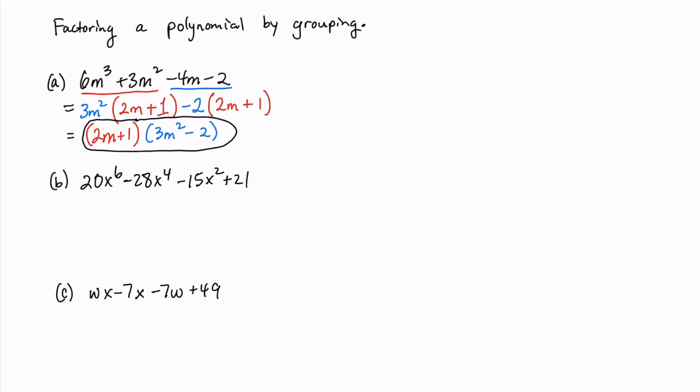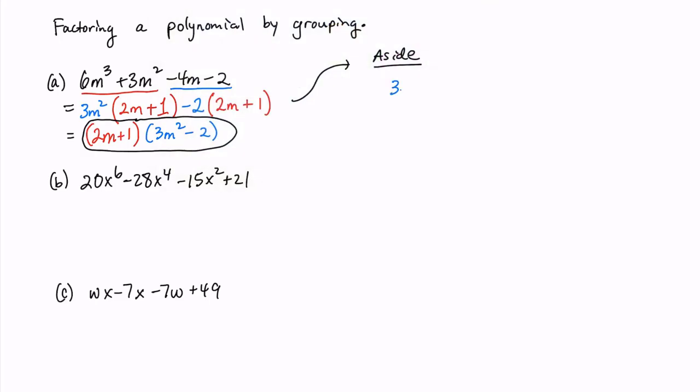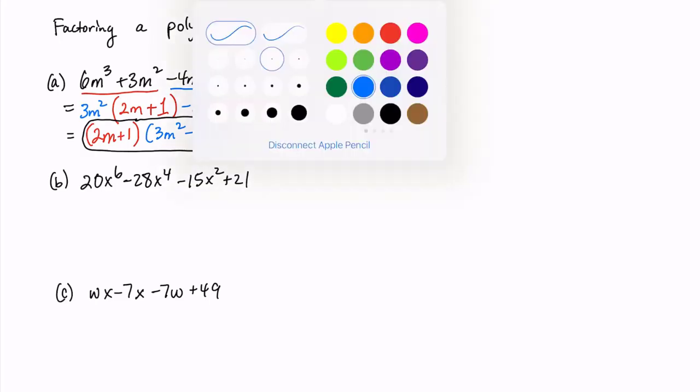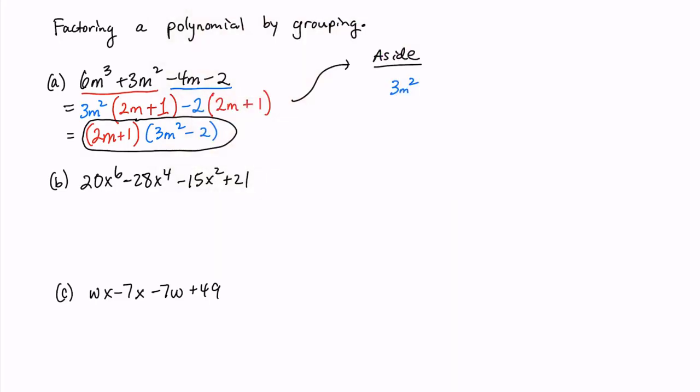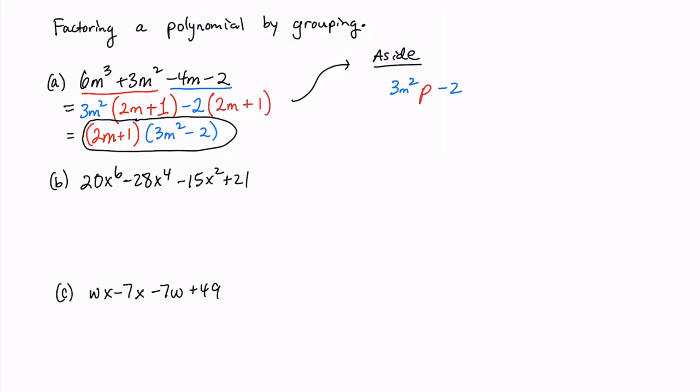Now, if you're really having trouble seeing this, I could explain this a little bit differently. So what if you had 3m squared times p minus 2 times p?